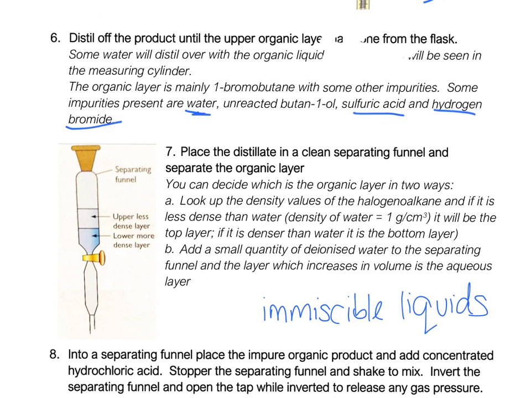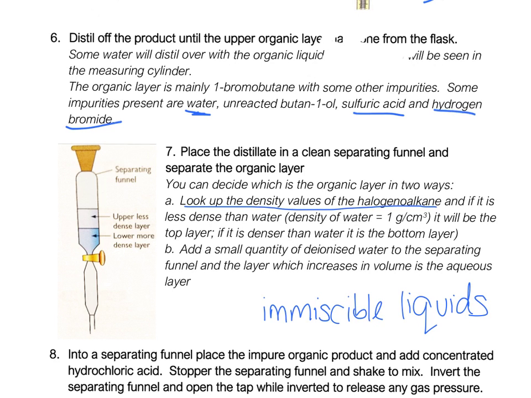Now we can work out which layer is which in 2 ways, as we talked about with our density values. The first way is looking up the density value of the halogenoalkane. If it has a density lower than 1, then it's less dense than water and it's going to be the top layer.